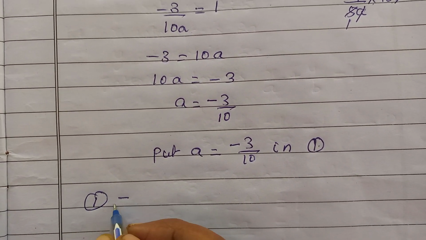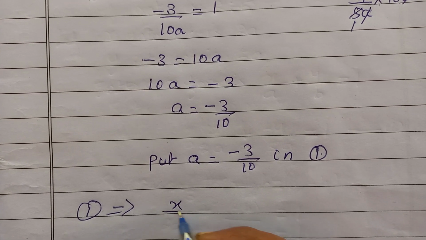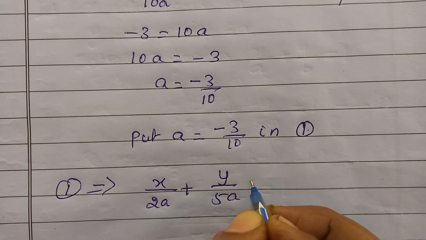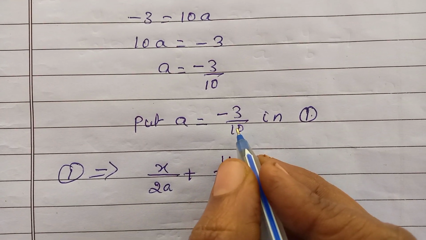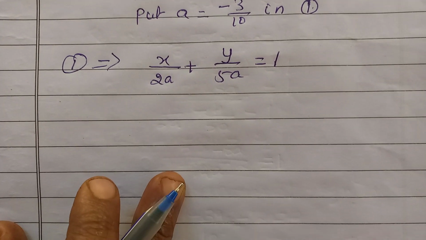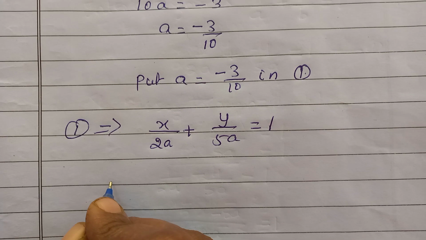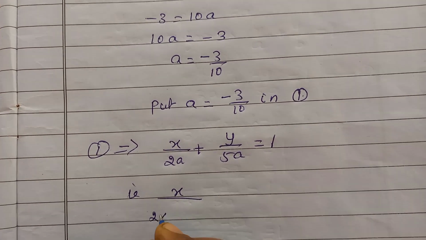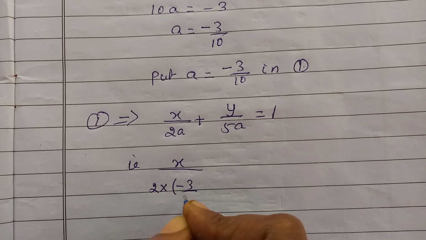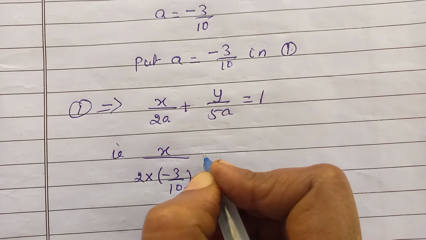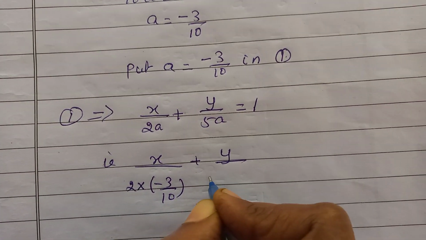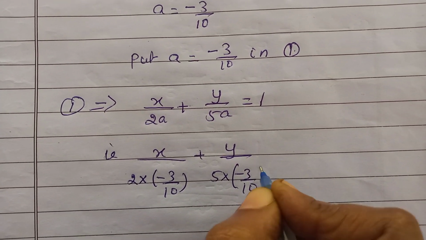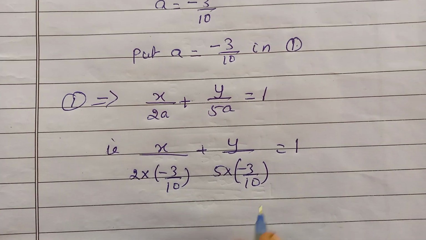What is equation number 1? x by 2a plus y by 5a is equal to 1. Put a is equal to minus 3 by 10. That is x by 2 into minus 3 by 10 plus y by 5 into minus 3 by 10 is equal to 1.